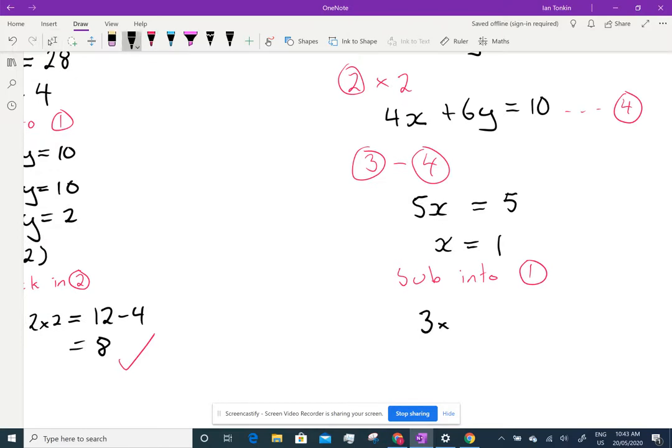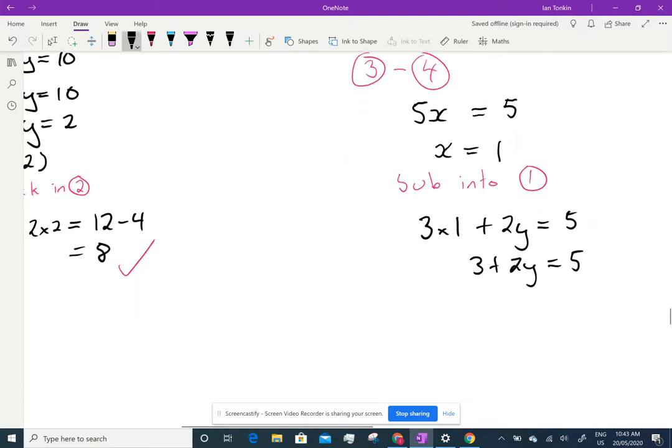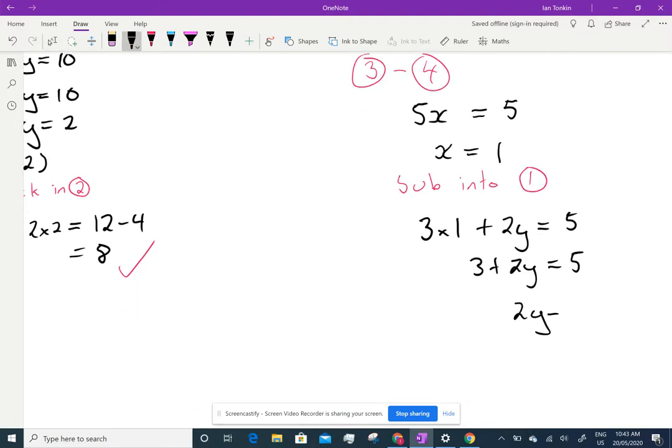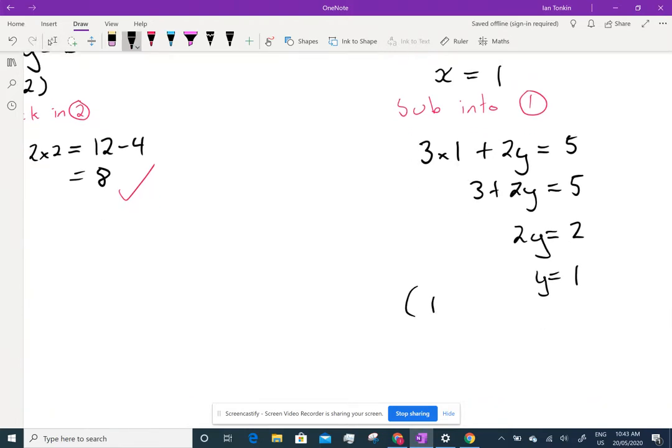So 3 times 1 plus 2y equals 5. 3 plus 2y equals 5. Subtract the 3, 2y equals 2. Divide by the 2, y equals 1. So I've got a solution now, 1, 1.